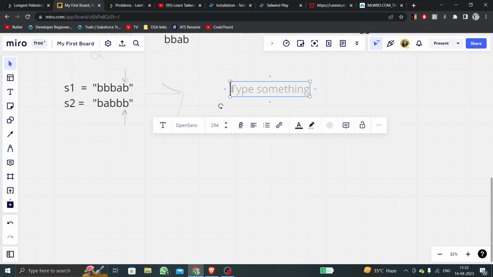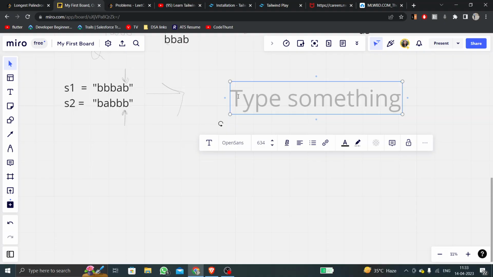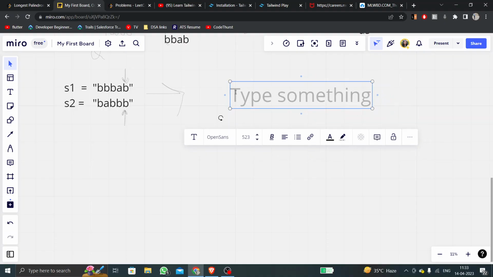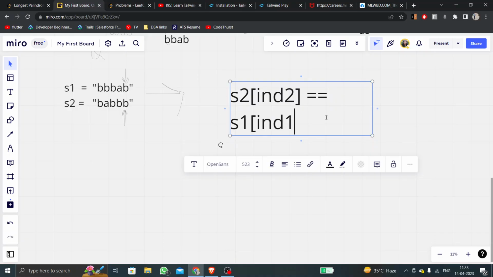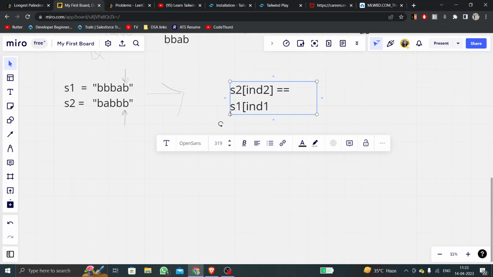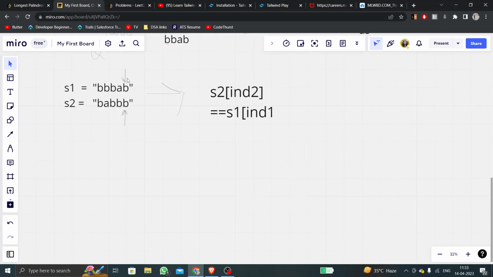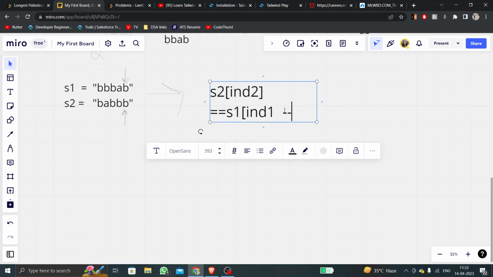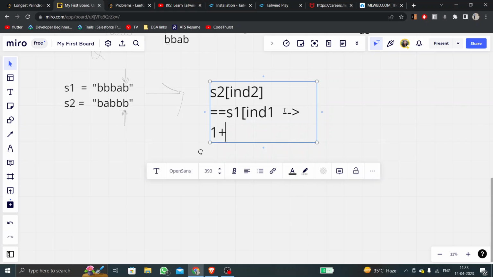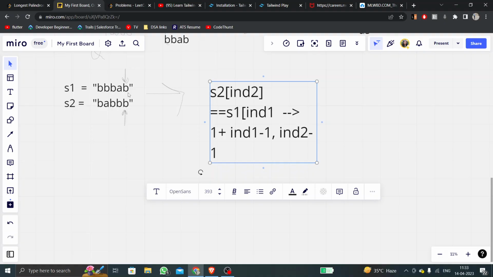We see if the character at S2 is the same as the character at S1, then in that case, we'll simply increase the length by 1 and we'll check for indexes less than the current ones.